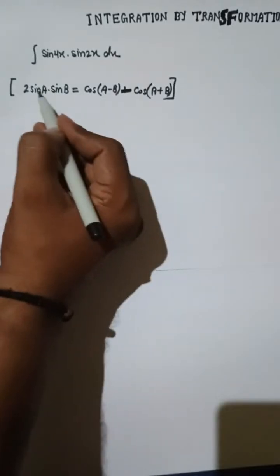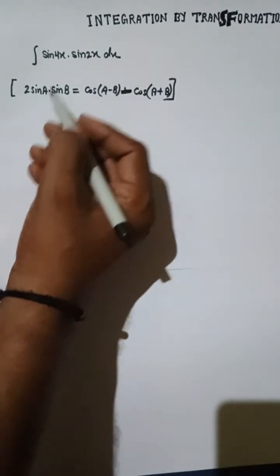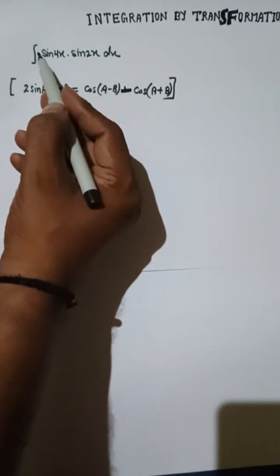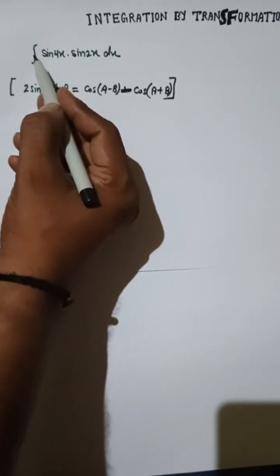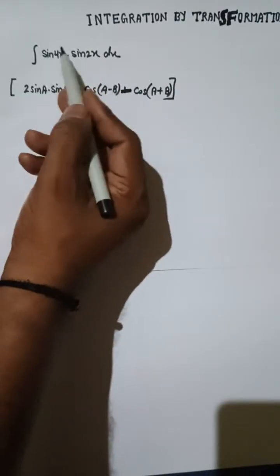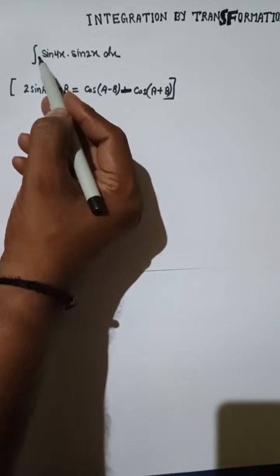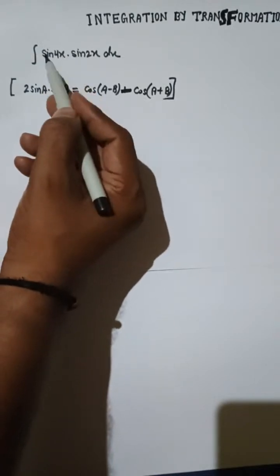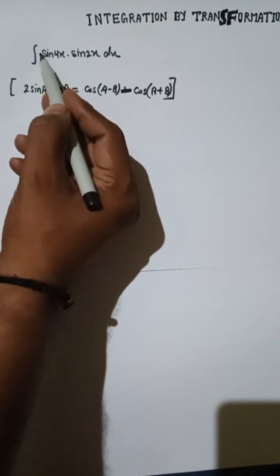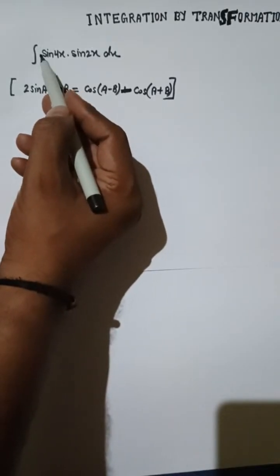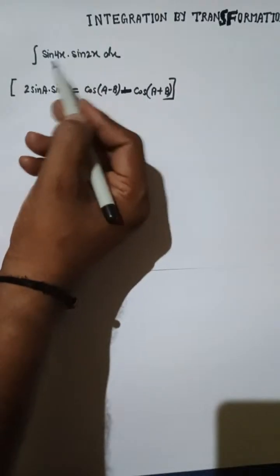You can see that we have sine a into sine b, but we don't have 2 here. So I'm just going to put 2, which will change the problem. That's why I need to put 2 in such a way that there is no alteration. If I multiply with 2, I need to divide by 2 also. 2 and 2 will cancel, and there is no alteration in the problem.